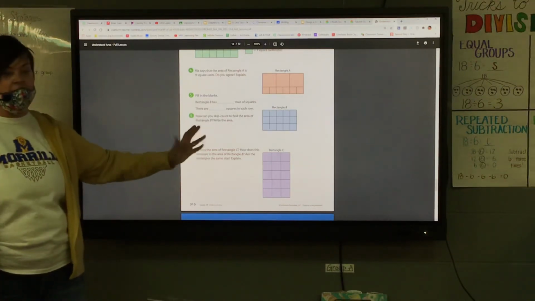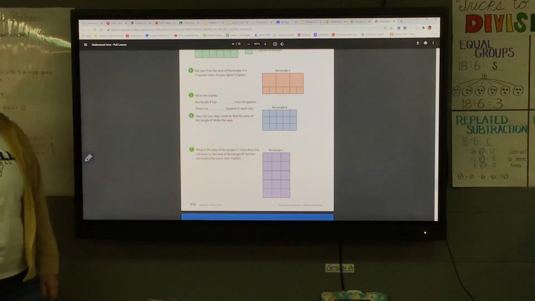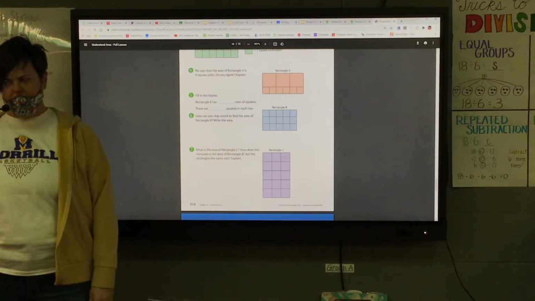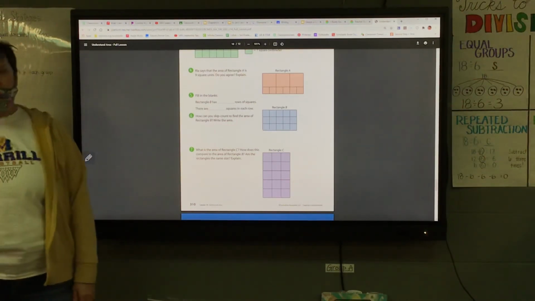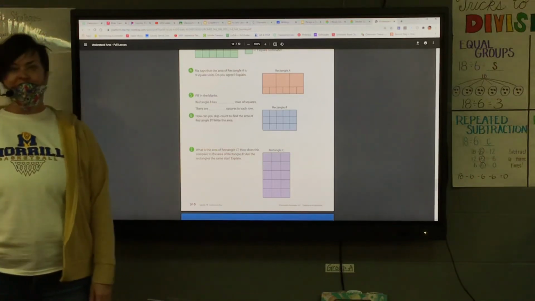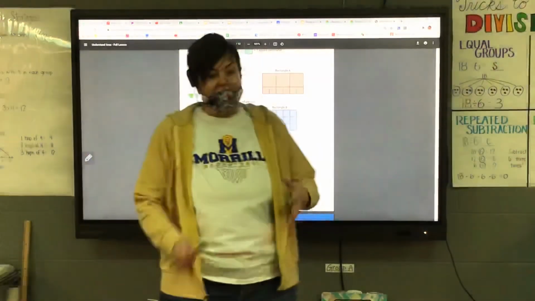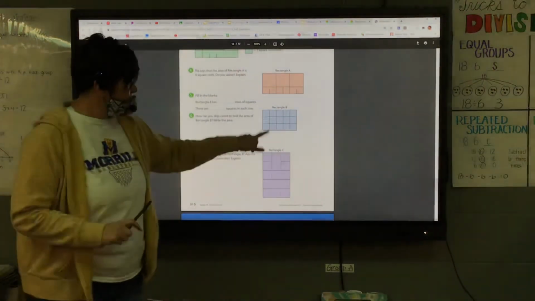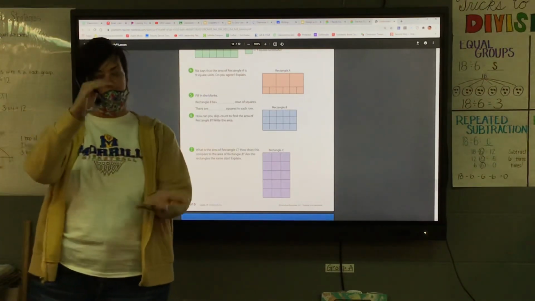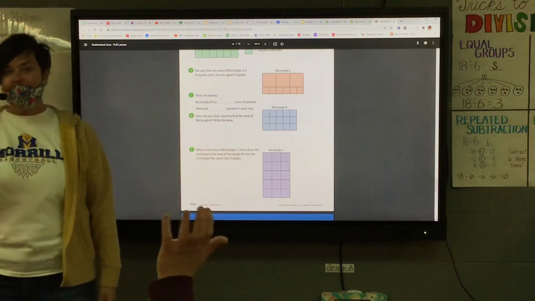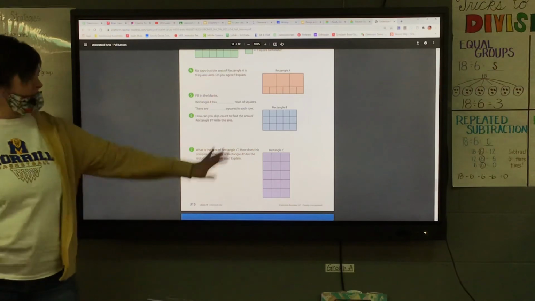So you're comparing it to rectangle B. Are the rectangles the same size? They're trying to trick you here. So I'm thinking maybe they're going to have the same answer. I don't know for sure, but maybe they're going to have the same answer. But what do you notice about the squares in rectangle B and the squares in rectangle C? That's what they're wanting you to write about. Okay? Because are they identical?